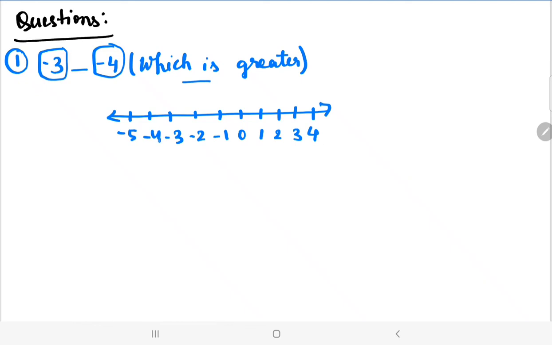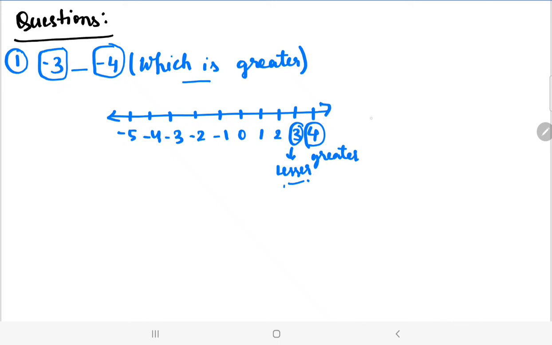First, remember that whenever you have a comparison question, greater, lesser or equal to, whenever any number is on the right hand side, that is greater. When it is on the left hand side, that is the lesser quantity, lesser in value.